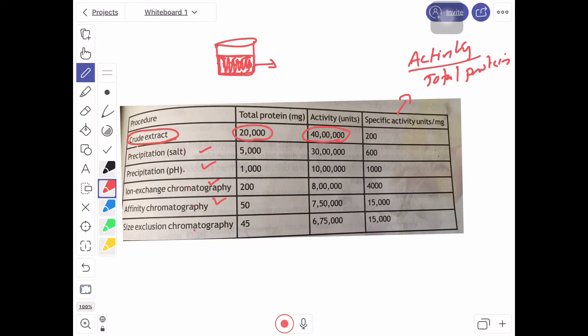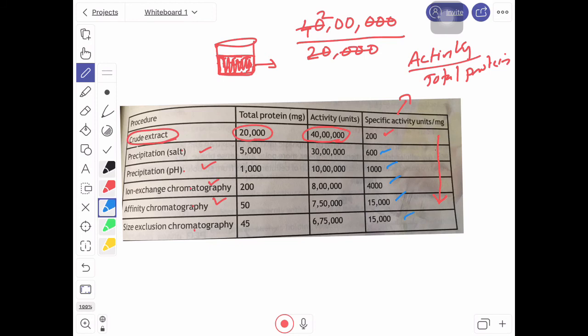So here you can see this many units of activity and this many mg of proteins. So 200. This is how. Suppose if you are not given the specific activity, you can calculate it, provided that you are given total protein and total activity. Now when you move from top to bottom of this particular chart, you can find that the specific activity gets increased. 600,000, 4,000, 15,000, 15,000.